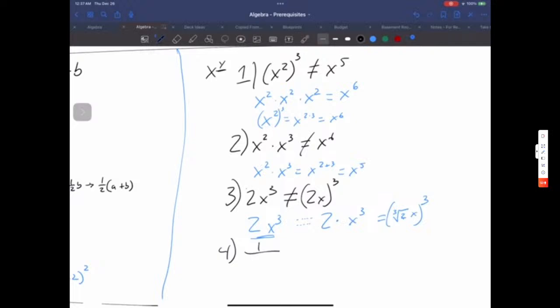And then you have, this is a good one, because this trips many people up too. We always say that when stuff's on the bottom, there's negative exponents, you can bring it to the top using a negative exponent. 1 over x squared minus x cubed is not the same as x to the negative 2 minus x to the negative 3.